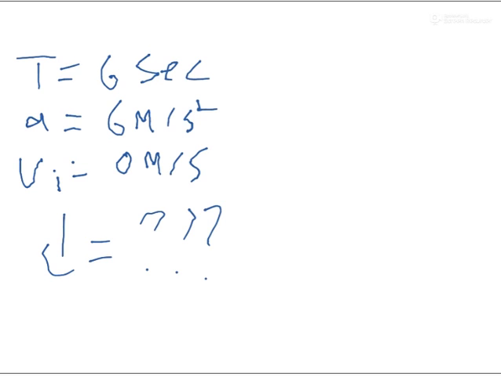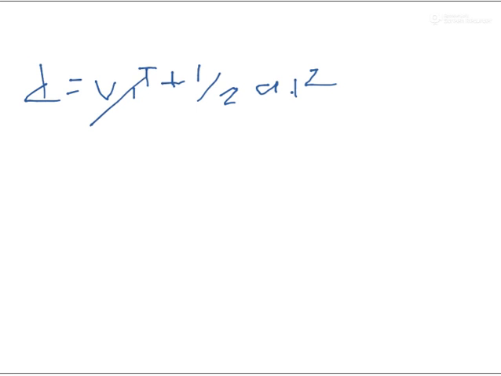So we have all these variables, but we want the displacement. Determining the equation to use is pretty simple. Once you look through all the equations, you will be able to determine that you would want to use the equation d equals Vi t plus 1/2 a t squared. In this example, since the initial velocity was 0, it cancels out the first part of this equation, which you would see in some examples.